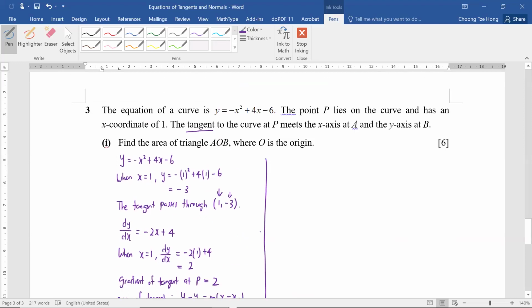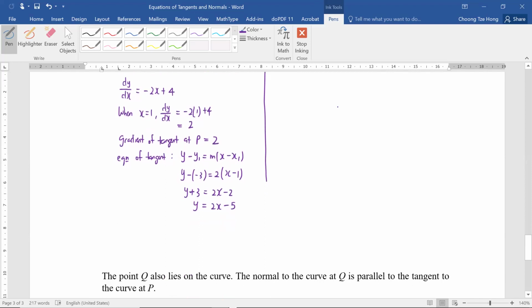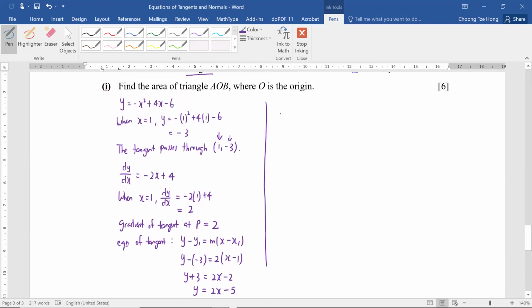If you refer back to the question, this tangent meets the x-axis at point A. So at the x-axis, y is 0, right? That's what we're going to do.